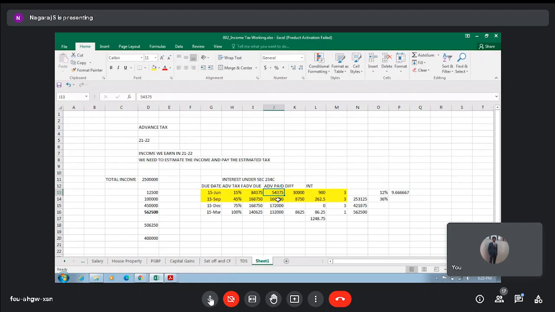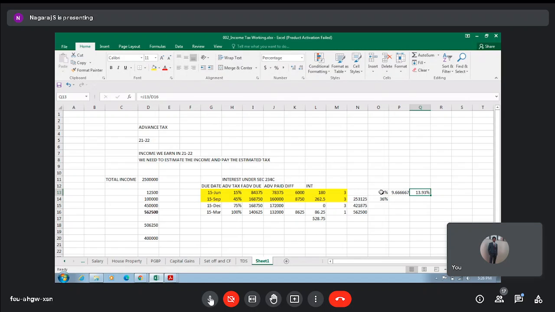Let me alter this one. Instead of 54,000, I will do 78,000. I'll just do 78,375. We have to see how much percentage it is coming. 78,000 divided by this much. What is the percentage it is coming? 13.93.